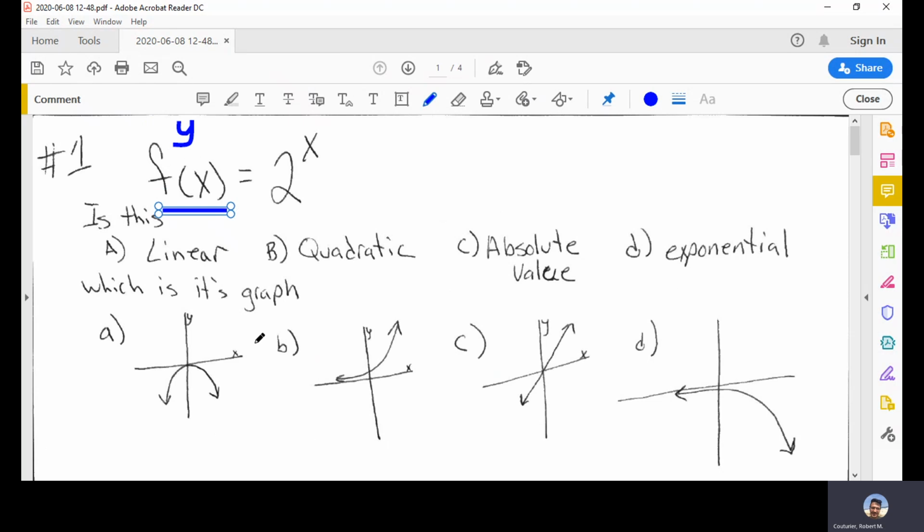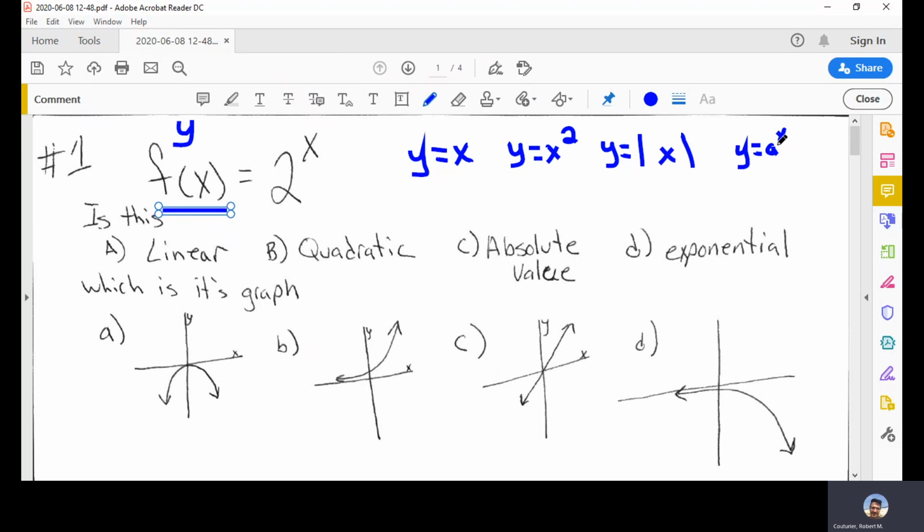So they want us to know, is this function linear, quadratic, absolute value, or exponential? If you remember what your parent functions are: y equals x, y equals x squared, y equals, this is the easy one, the absolute value of x, y equals, say, a to the x power.